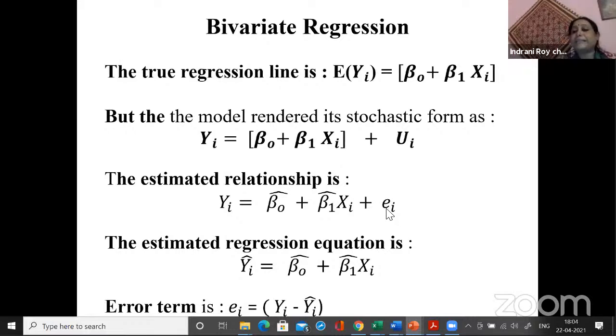So you are assuming that on an average the expected value of ei is equal to 0. And this error term is measured by taking yi minus yi hat. What is yi? Yi is the observed value of y, and yi hat is the estimated value. So if you deduct this from this equation, you actually get ei. So this is observed minus expected.